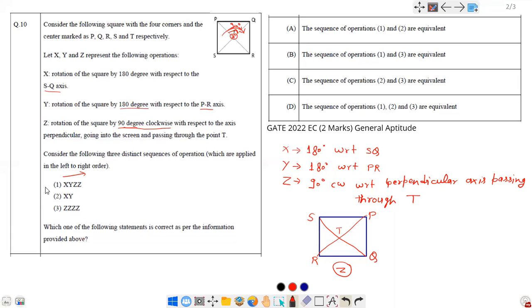So let us do the first operation, then the second operation, then the third operation. The first sequence is X, Y, Z and Z. So we apply this sequence.